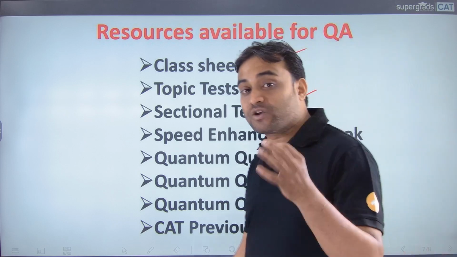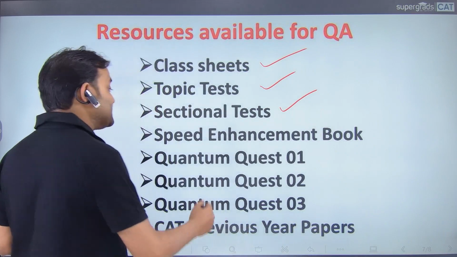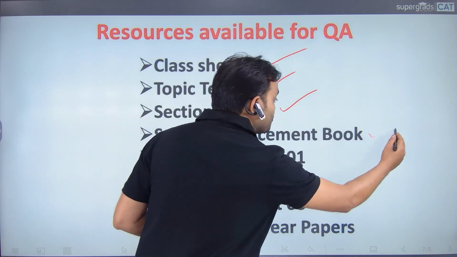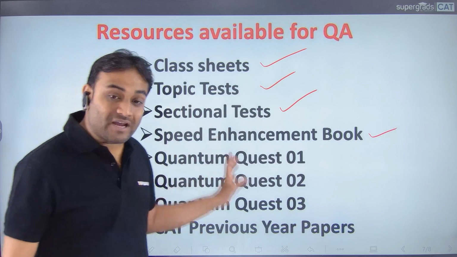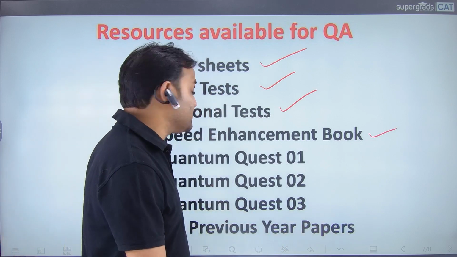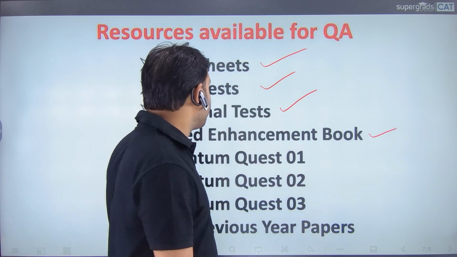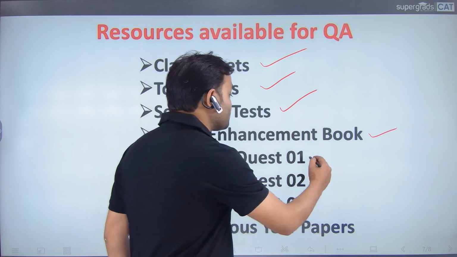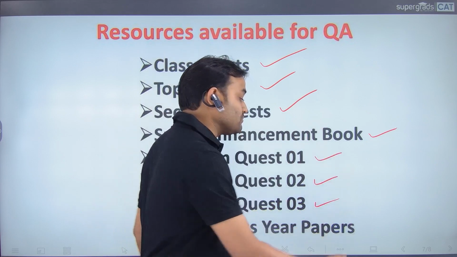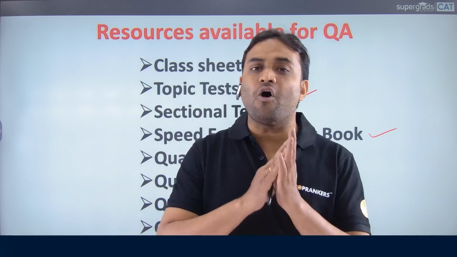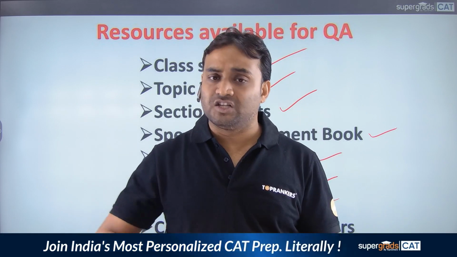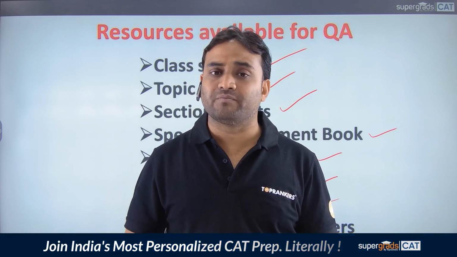And the books that we provide, like the speed enhancement book. In Supergrads, we are providing you 5 different books. Apart from CAT previous year questions, we are providing you the speed enhancement book, Quantum Quest 1, Quantum Quest 2, Quantum Quest 3, which cover all the topics: arithmetic, algebra, number system, geometry, modern maths, everything.